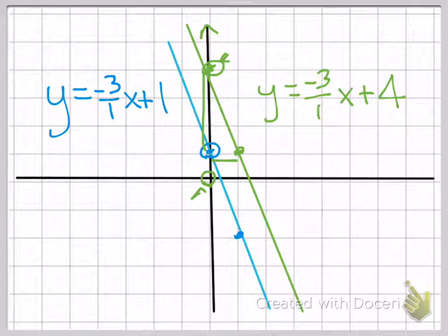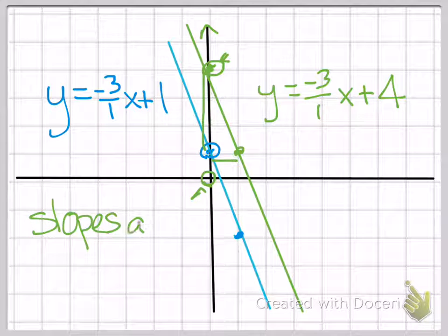Again, two lines don't cross because they're parallel. What do you notice? Yep, slopes are equal. That's the thing I need you guys to know about parallel lines.